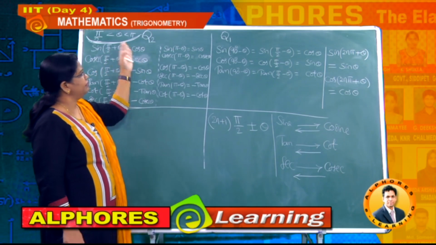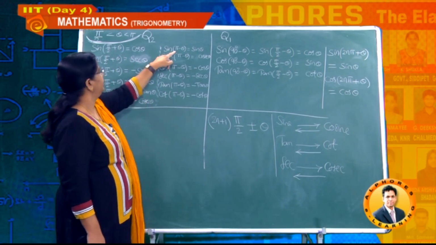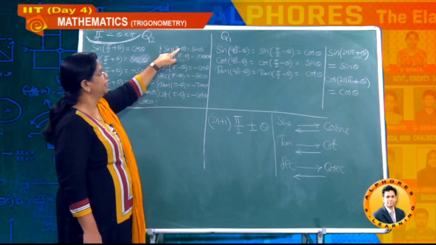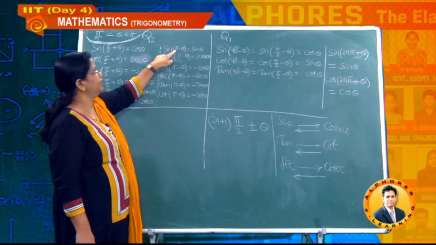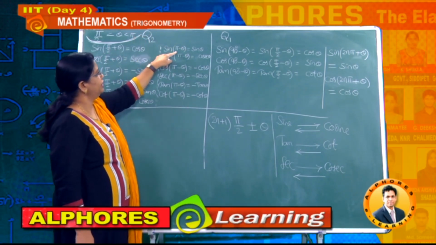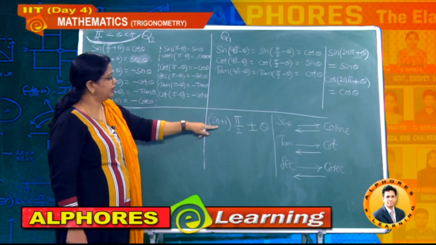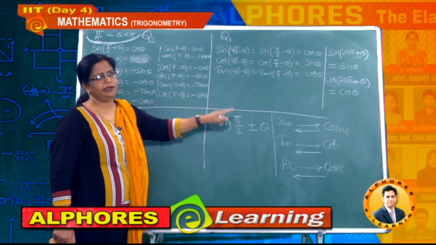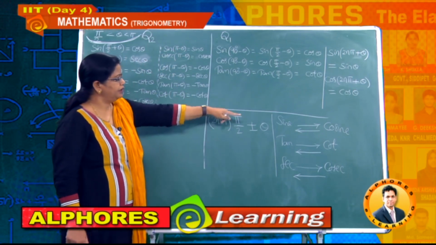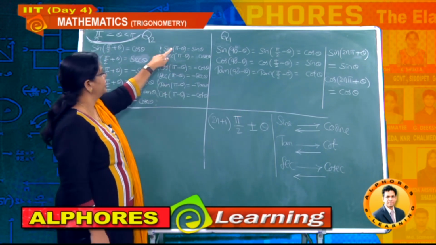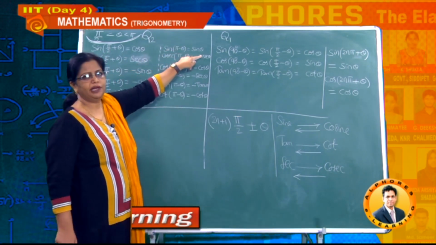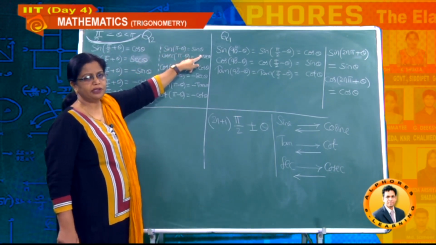Now in the same second quadrant I am taking 180 minus theta, pi minus theta. Now 180 minus comes under an even multiple of 90, so there is no change in function at all.